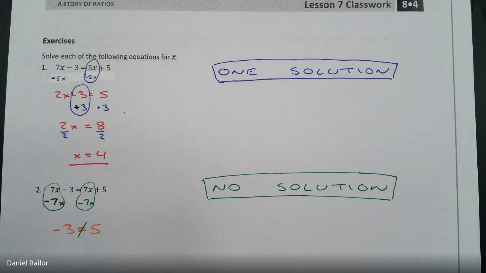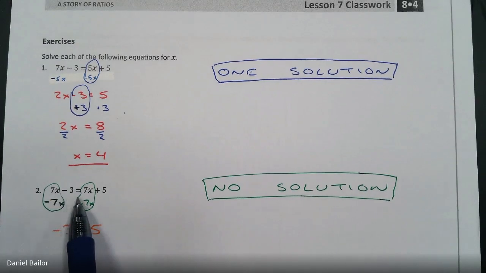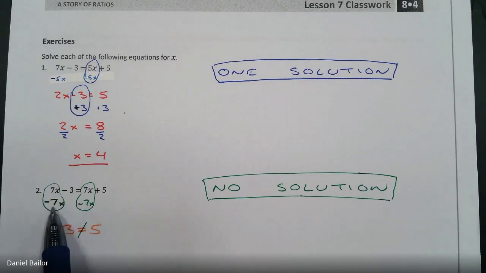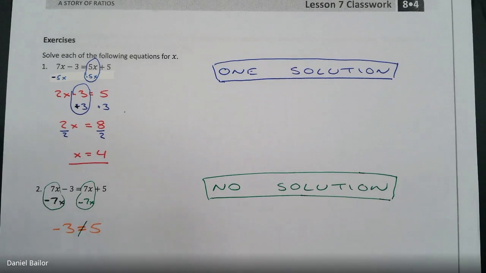For number 2, we had 7x minus 3 equals 7x plus 5. Now, for this, I used the subtraction property to get my x's on one side, but when I subtracted 7x from this side, I had to do minus 7x on this side, so I got negative 3 equals 5. Now, that is impossible. Negative 3 can never equal 5.